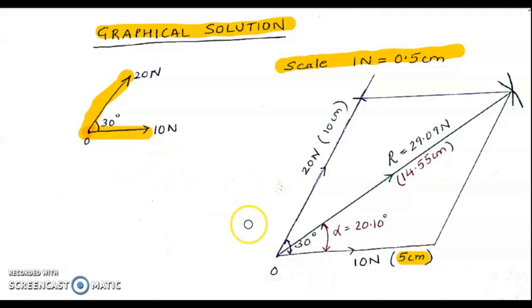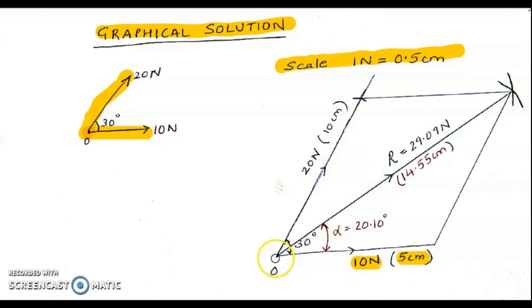So I am drawing a horizontal line of 5 centimeters that will represent 10 Newton. Parallel to this force of 10 Newton, I am drawing a line of 5 centimeters, which represents 10 Newton as per my scale.